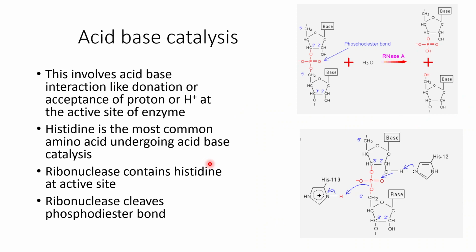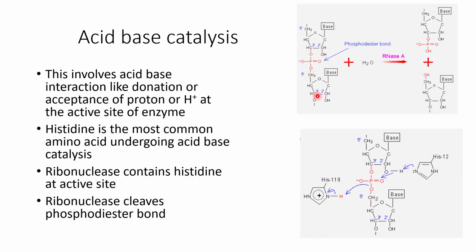Next is acid-base catalysis. Now this involves acid-base interaction, like donation or acceptance of a proton, or H positive ions, at the active site of the enzyme. If you look over here, this is one nucleotide consisting of a base, sugar and a phosphate group, and this is another nucleotide consisting of base, sugar and the phosphate group attached over here.